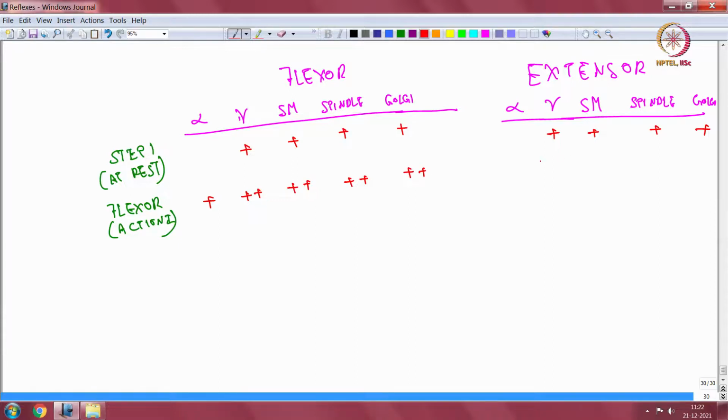On the contrary, for the extensor, alpha goes negative, gamma is sort of negative, skeletal muscle has to give way, and the spindle signal comes down, Golgi signal also comes down. So that's the kind of extensor activity.